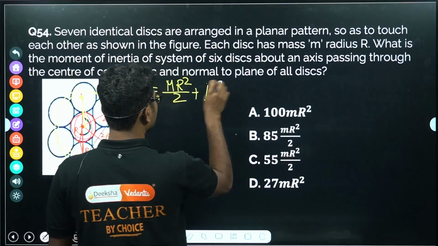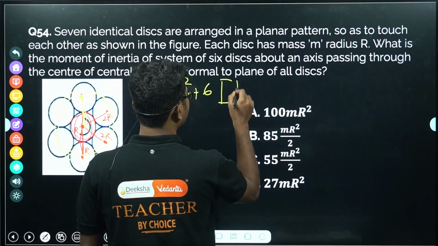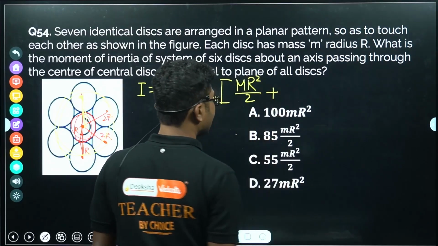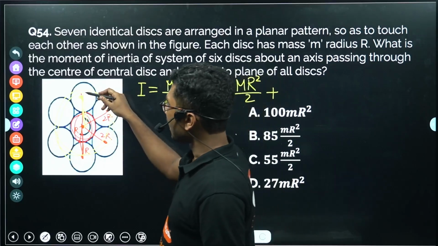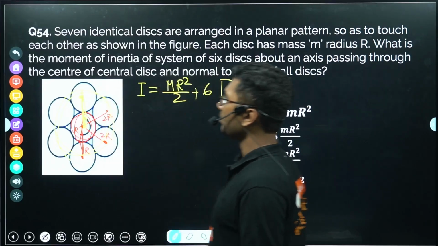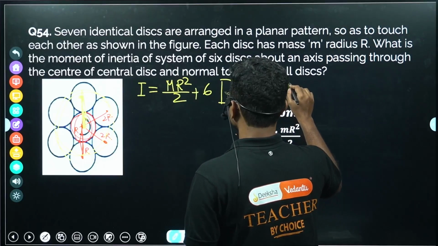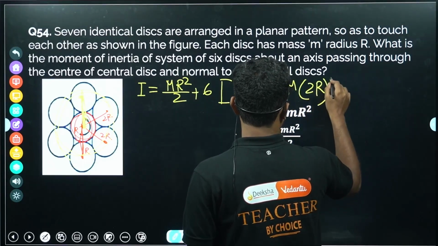What will that be? 6 times. Obviously, each of them will have this mr square by 2 component, since they are passing through their center. Along with that, they will have a moment of inertia about this axis, so that will be m into 2r whole square.